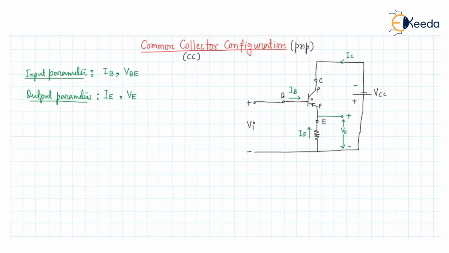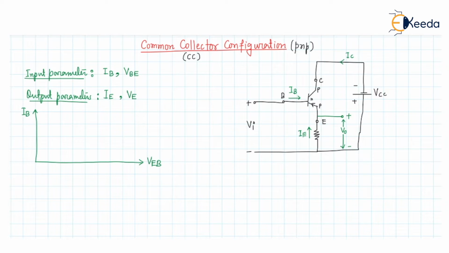If we draw the input characteristics, they can be drawn like this. On the x-axis of the input characteristics, we will get the VEB voltage, and on the y-axis, we will get the IB current.